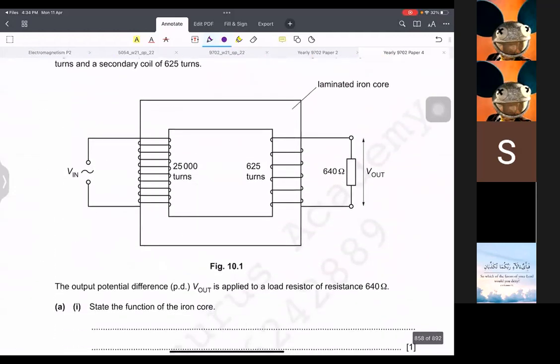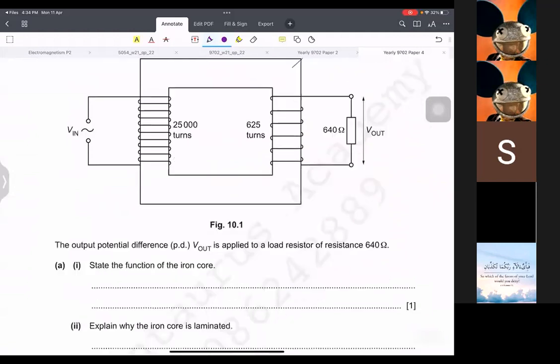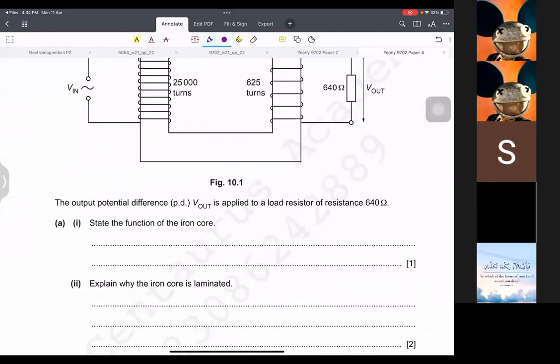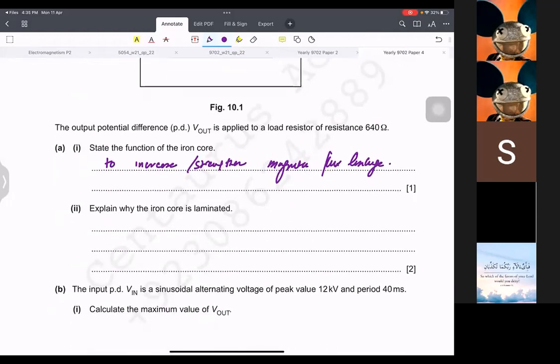Then here, state the function of the iron core. How many marks? 1. That is pretty simple. To increase, you can also write strengthen, magnetic flux linkage. Explain why the iron core is laminated.